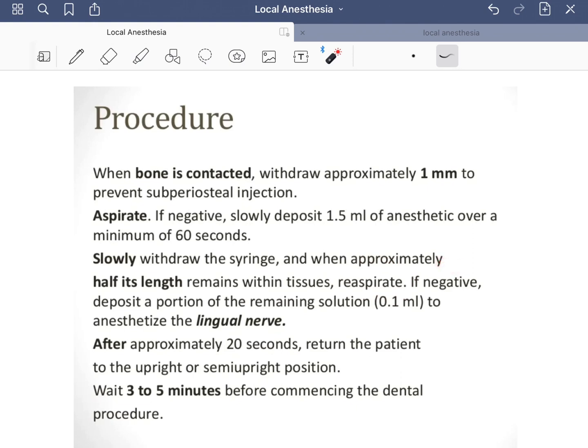If negative, deposit a portion of the remaining solution, equal to 0.1 ml, to anesthetize the lingual nerve, which is responsible for the anterior 2/3 of the tongue, the floor of the mouth, and the mucoperiosteum adjacent to the molars. After approximately 20 seconds, return the patient to the upright position and wait 3 to 5 minutes before commencing the dental procedure.